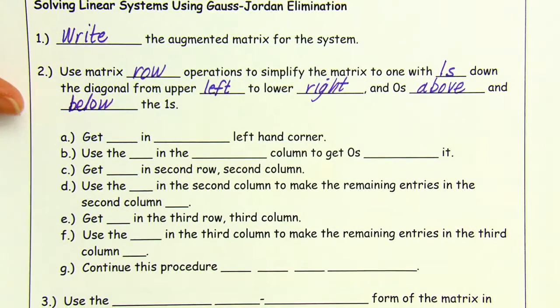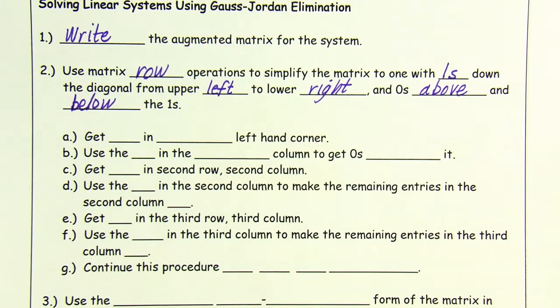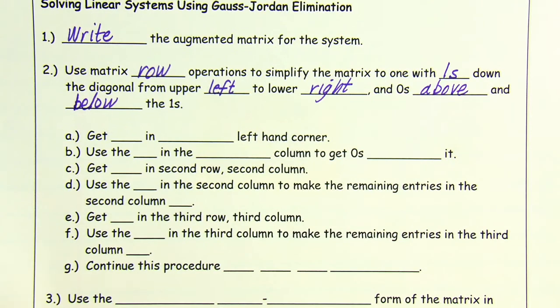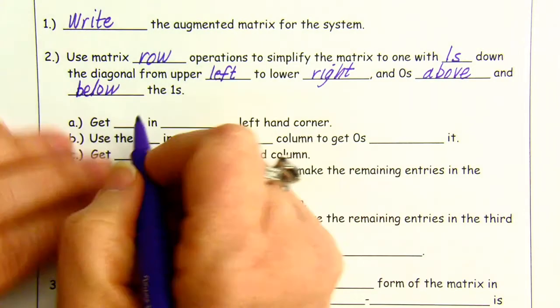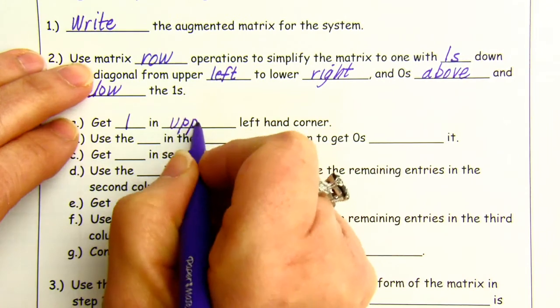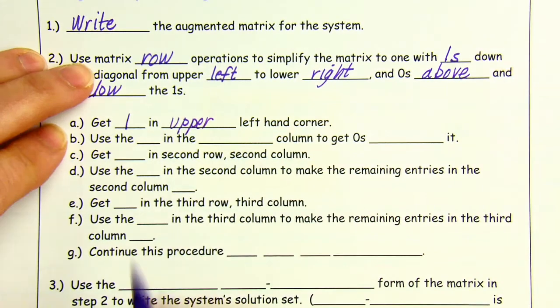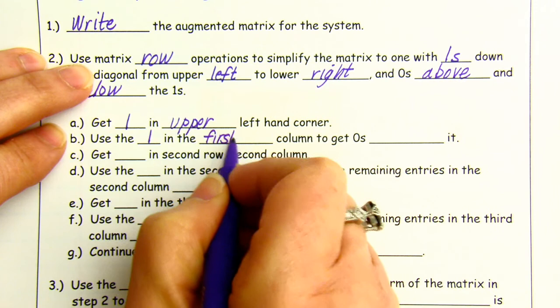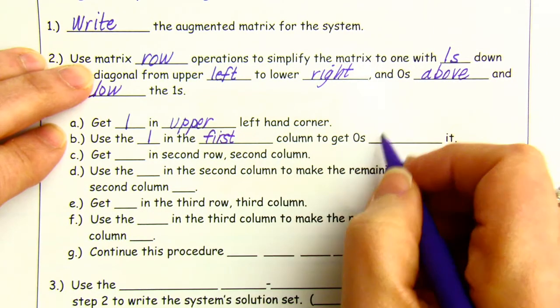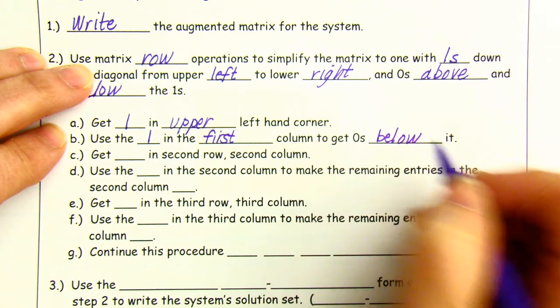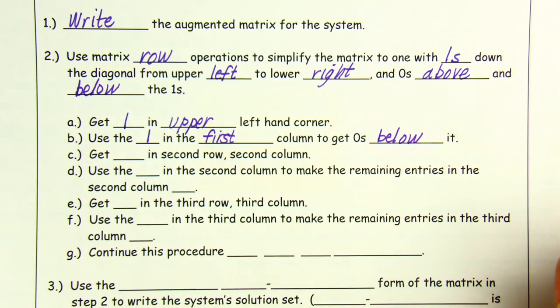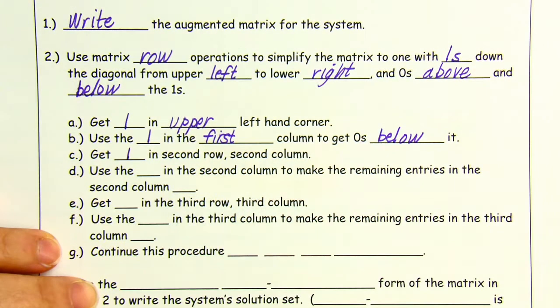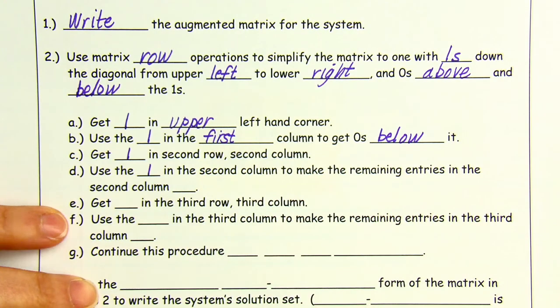What do we do first? Well, the first step is to get a 1 in the upper left-hand corner. Then we use that 1 in the first column to get the zeros below it. Then get a 1 in the second row, second column, and use that 1 in the second column to make the remaining entries in the second column 0.